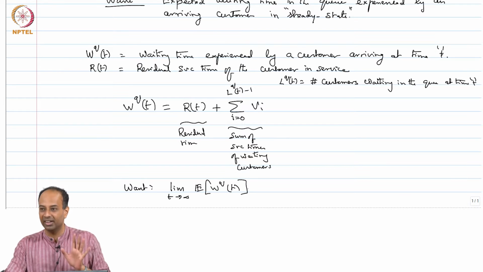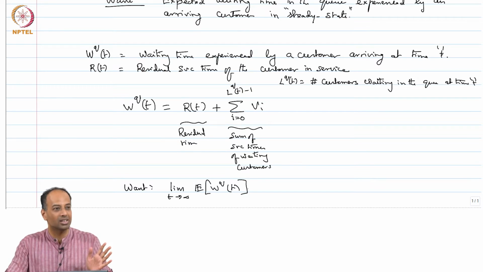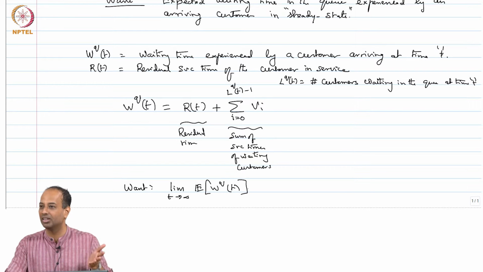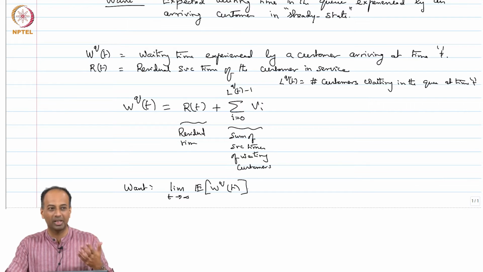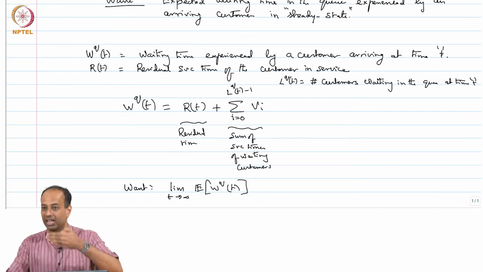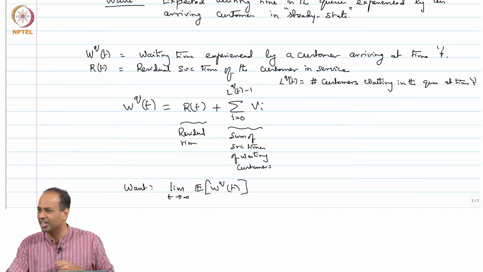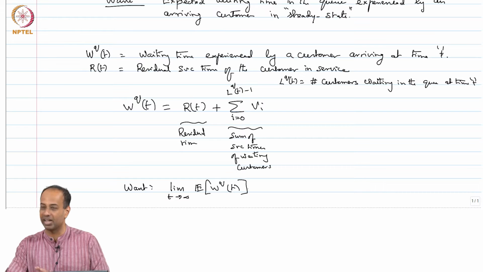Now, in general, the residual time or the queue length seen by an incoming customer is not the same as the typical time average behavior. The typical statistic seen by an external observer can be very different from the statistic seen by an arrival to the queue. We gave an example, if you remember, last class. We took a G/D/1 queue, and in general for a G/G/1 queue it is not at all the case that the residual time and the queue length seen by an incoming arrival are the same as their corresponding time average values.